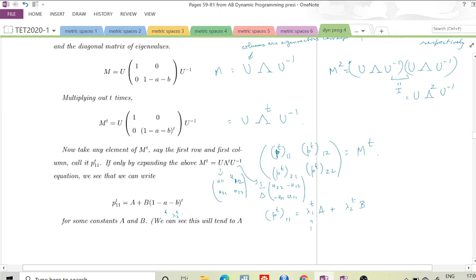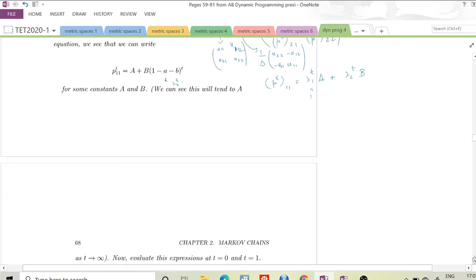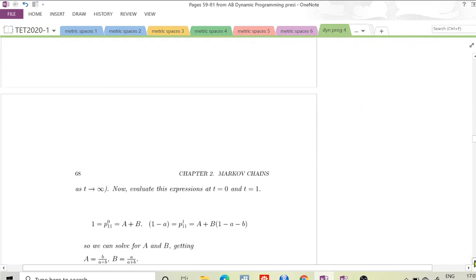I would encourage you to just expand it and see that you can write all of the entries as some constant plus another constant times the second eigenvalue 1 minus a minus b raised to the t. Okay. So let's do this for the 1,1th entry. So let me write this here. The 1,1th entry of the M^T matrix is a plus b times 1 minus a minus b raised to the t.